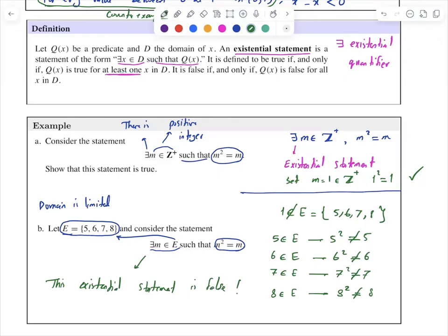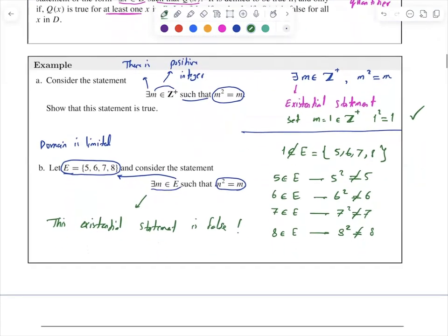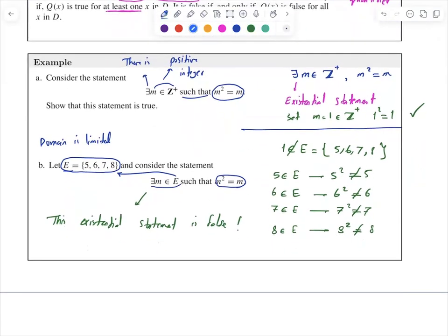So again, do not confuse universal statement and existential statement. There's a difference between them. For universal statement, we have for every, for any. For example, in this case, for every m in positive integers, m squared is equal to m. And there exists a value like m in the positive integer set such that m squared is equal to m. So take a look. Compare these two.